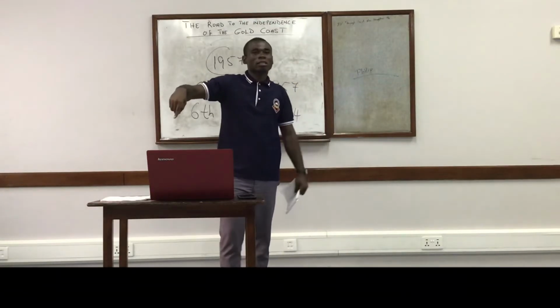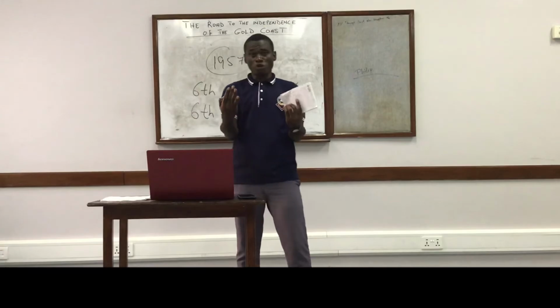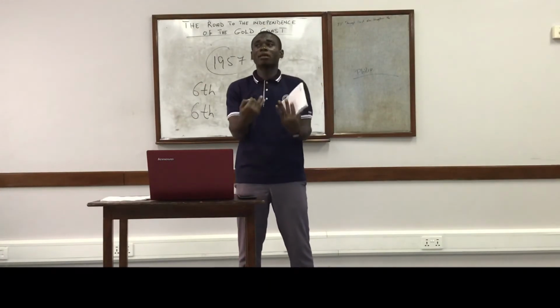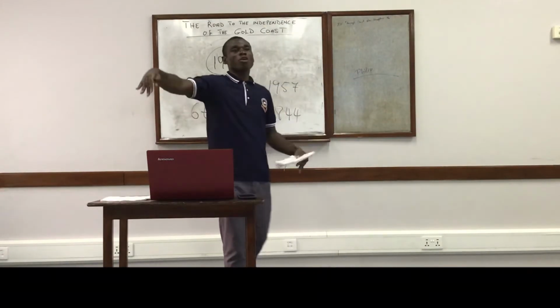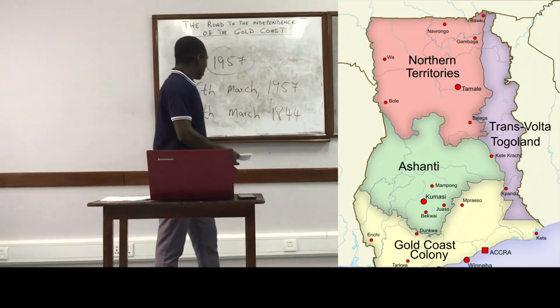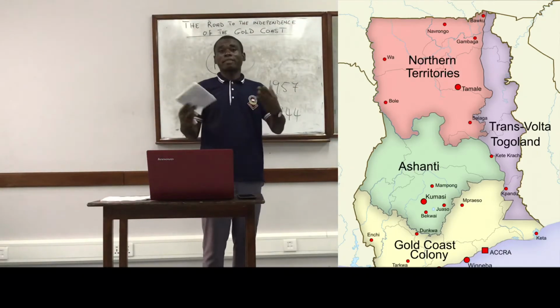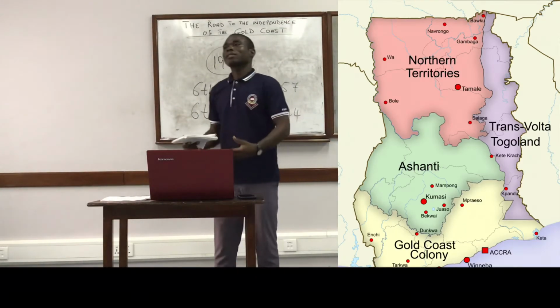In the olden days, when the Europeans came to the coast of the Gold Coast, which is now called Ghana, there was some disagreement between the Asantes and the Fantis.